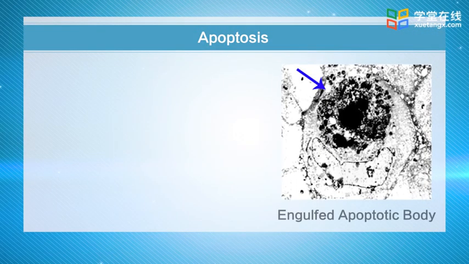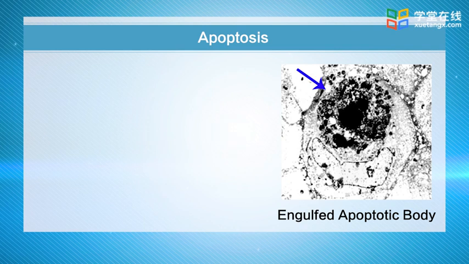Following apoptosis, the cells are removed by phagocytosis, that is, they are ingested and digested by macrophages in the adjacent extracellular tissue. Please note the apoptotic bodies engulfed by macrophages in the electron micrograph.